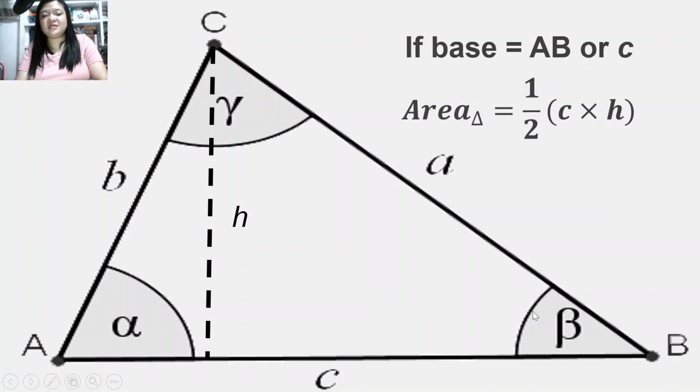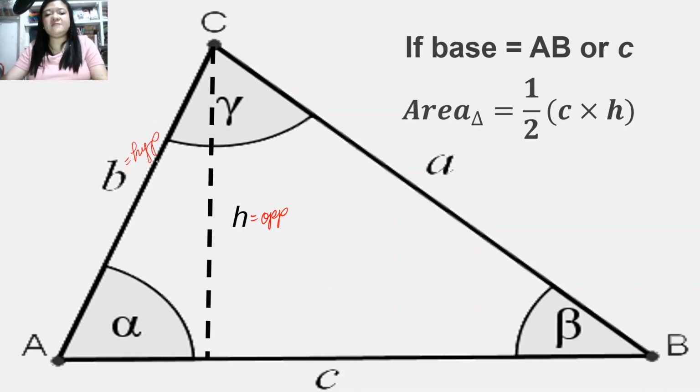So from these given sides and angles, how are we going to find the value of H? Okay, so in this example, our reference angle is alpha, and opposite alpha we have H.